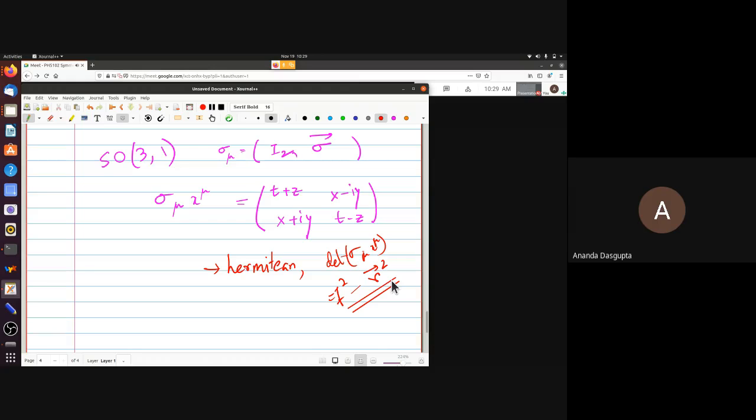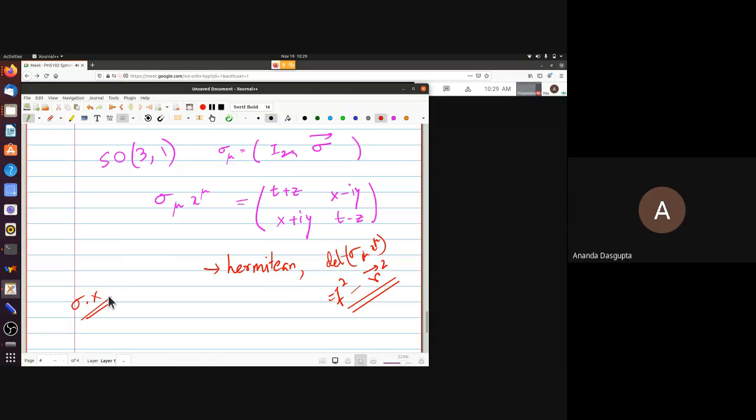Here, we have this nice sigma mu x mu, or I will just call it sigma dot x from now on. This 4-dimensional analog of sigma dot R is Hermitian. It has a determinant which is a nice physical quantity.